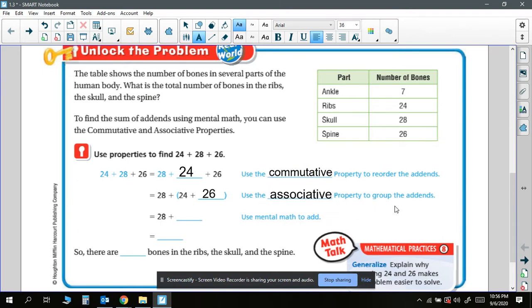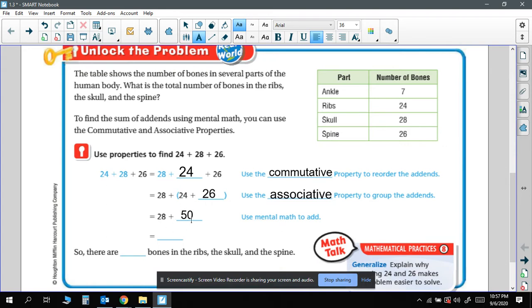So let's put that associative property on there. And now you can look at 24 and 26, and hopefully you can see the 4 plus the 6, that's going to be 10. And then when you carry that over in your brain, you have 2 plus 2 is 4 plus the 1 is 5. So that's going to give you 50. So the reason they grouped those together the way they did is so that you would come up with 50 here. It was easier to add in your brain.